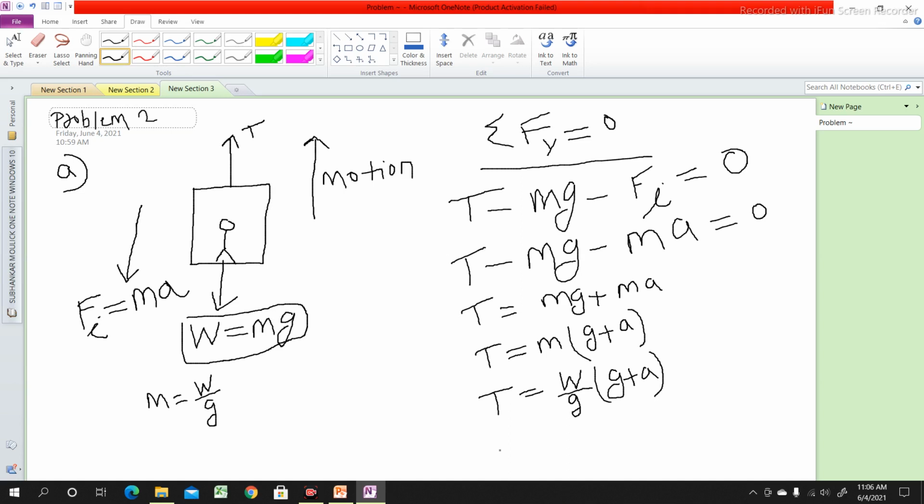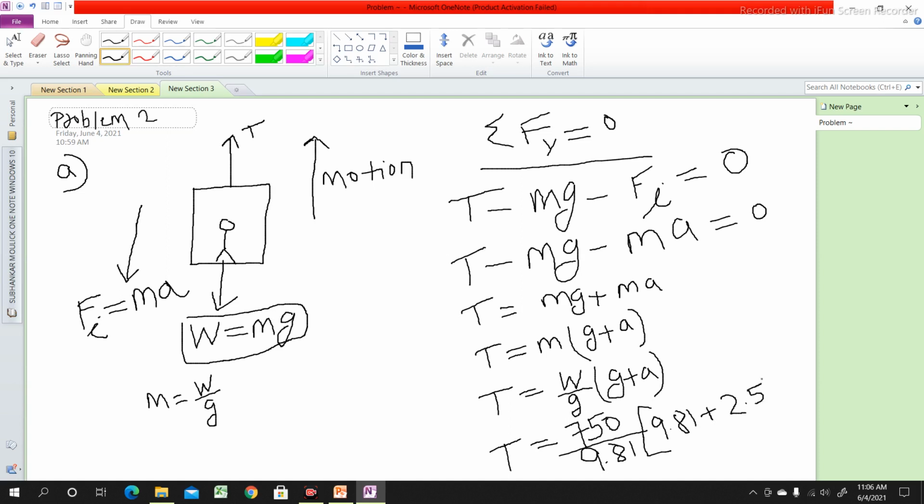So tension T is how much? Tension T is equal to W, that is 750 Newton, by acceleration due to gravity 9.81 in bracket small g is again 9.81 plus small a is acceleration. So the lift is moving upward with an acceleration of how much? 2.5 meter per second square, given in the problem.